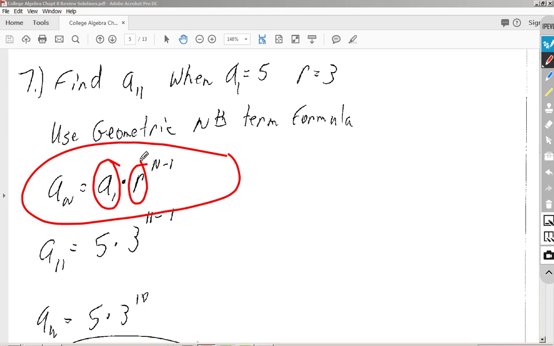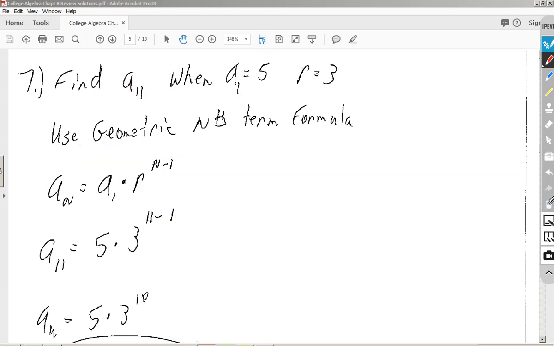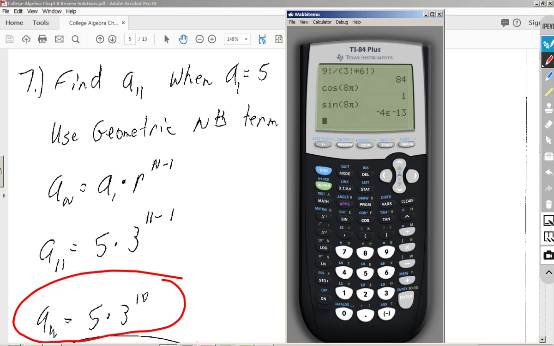So here's my a sub 1, which is 5, substituting that in. It says my ratio is 3, substituting that in. And I want to find the 11th term, so I'm substituting 11, and that becomes 11 minus 1. Go ahead and put that into your calculator. So 11 minus 1 is going to be 10. So type in your calculator 5 times 3 to the 10th.